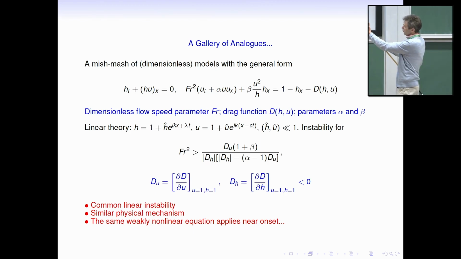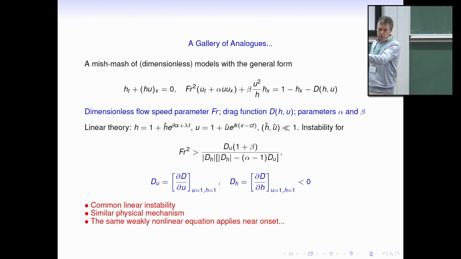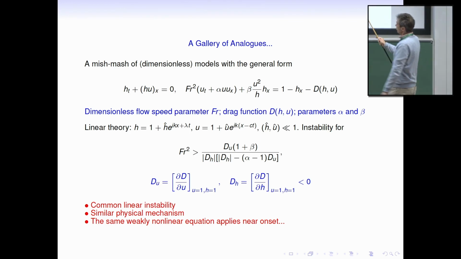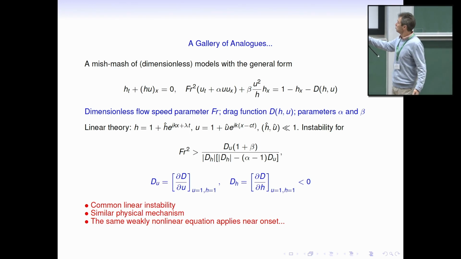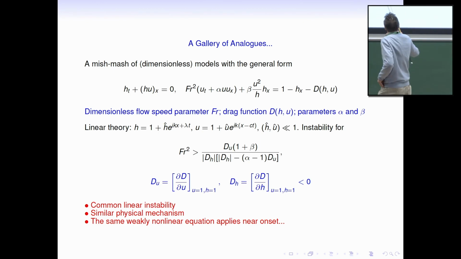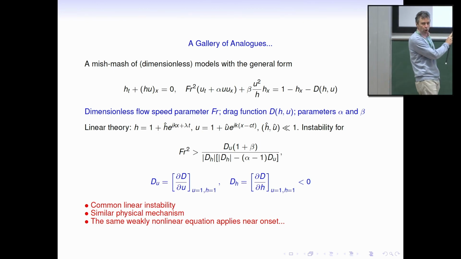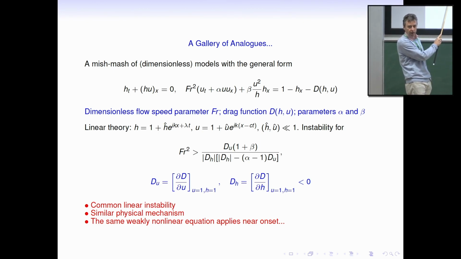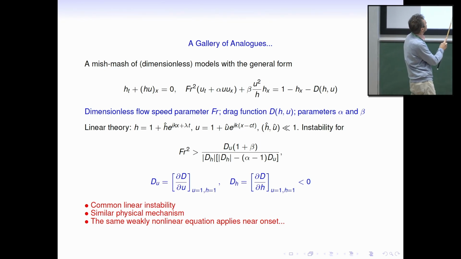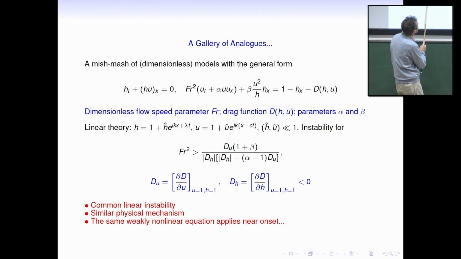So now let me explain what I mean by a roll wave and what I mean by an analogy to it. So basically, the idea is that there's a whole bunch of phenomena that you might call roll waves, and they're unified by the fact that people have come up with a conservation of mass equation and a conservation of momentum equation that has a similar form to those two that I showed you.